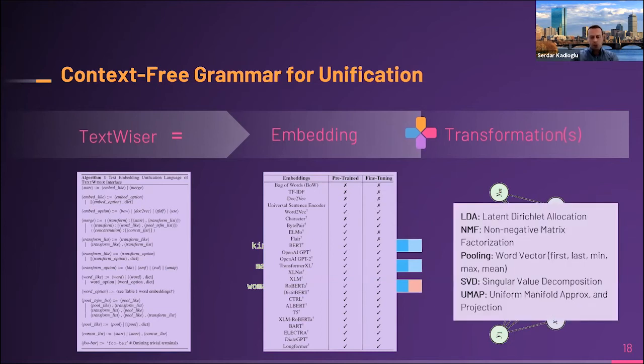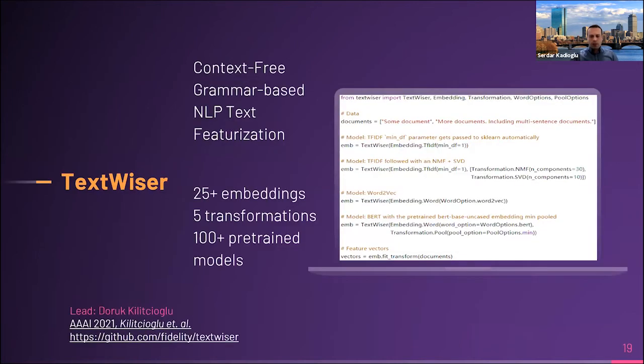On top of that, you could do transformations for dimensionality reduction, such as latent Dirichlet allocation, non-negative matrix factorization, pooling operators, as well as singular value decomposition and manifold approximation. If you don't know what these mean, it's okay. Think of it as getting some word representations and lowering their dimensionality so that they are more compact and more robust. So how does that look in practice?